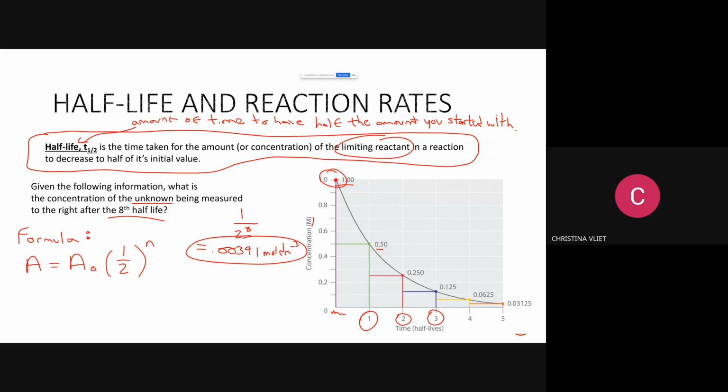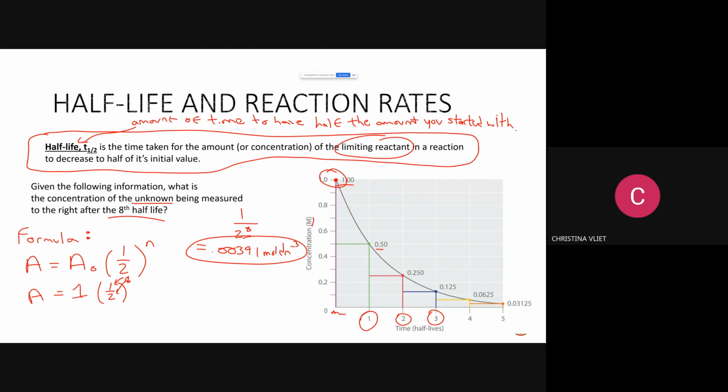And this is actually the same exact thing that we did here, if you think about it. Our initial concentration is 1. We're looking for our final concentration. And we would do 1/2 to the number of half-lives. Were we told the amount of half-lives? Yeah, we were told that it was 8. So the 8 would technically distribute here.